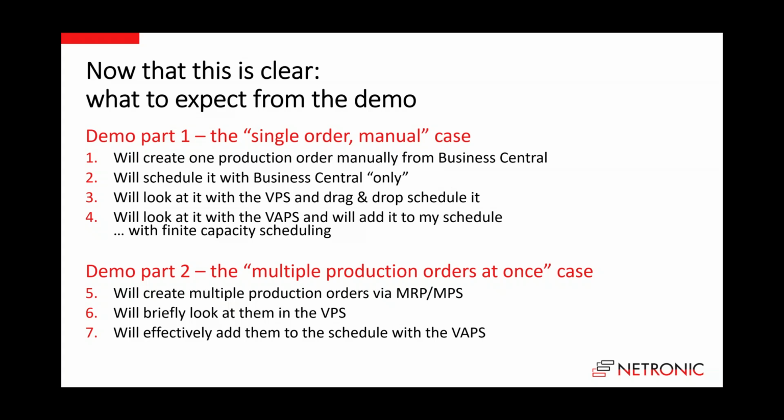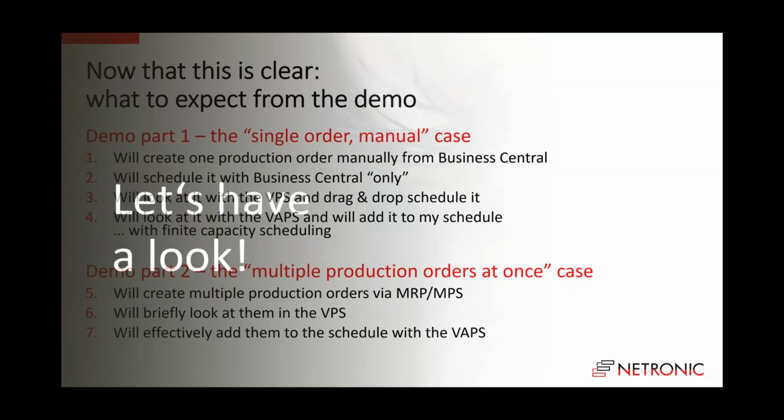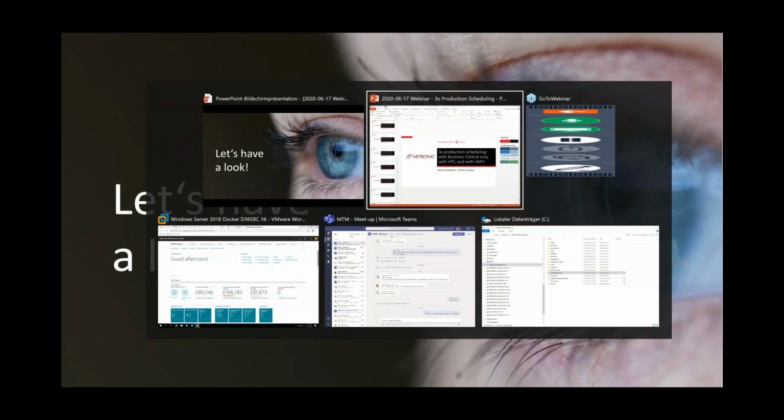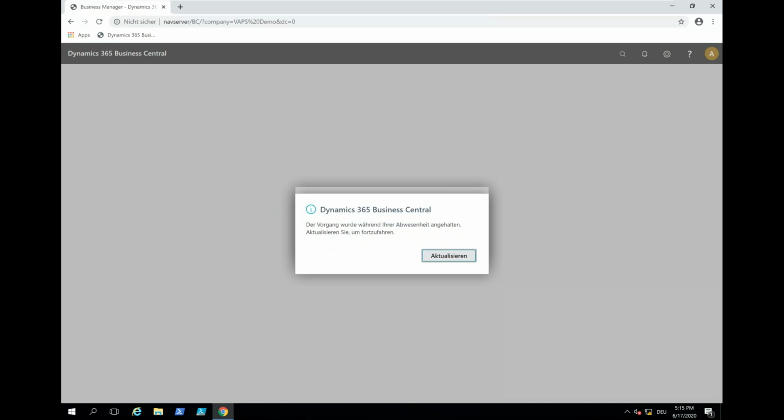And then we will also try to effectively add them to the schedule with the VAPS. And so this is something that you now can expect in the next 30 to 45 minutes. And with this, let's have a look and let's get going with, sorry for that, Business Central.